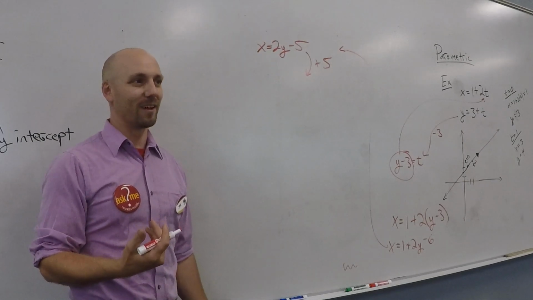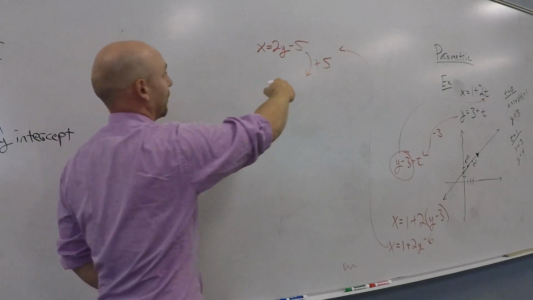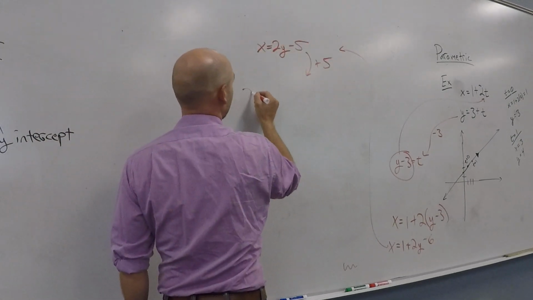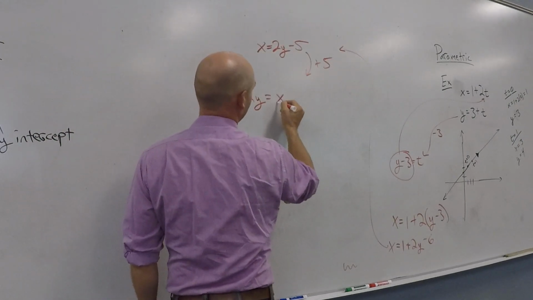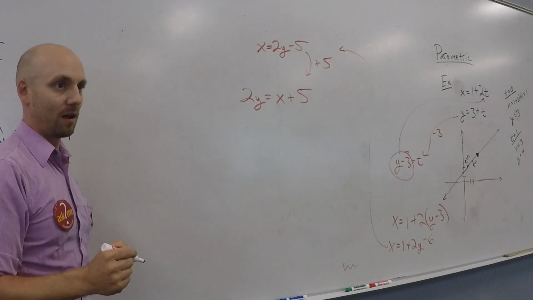You want to get the y by itself, right? Right, because this form has y equals stuff. So if I want to get that y by itself, first thing I'm going to need to do is get the 2y by itself. So I get the 5 to the other side. So I got 2y is x plus 5. And then what?